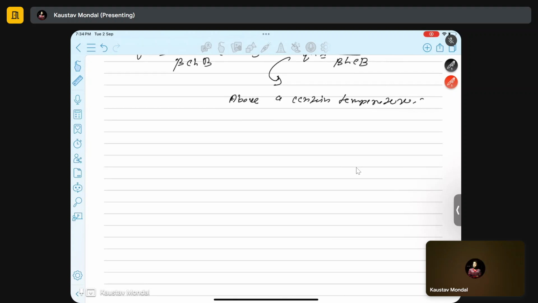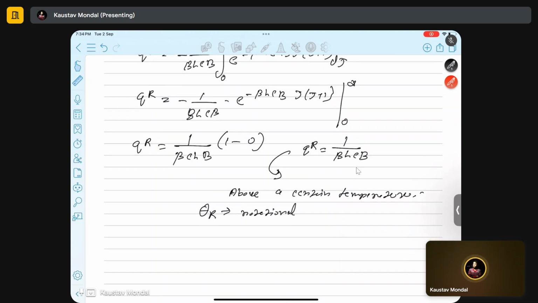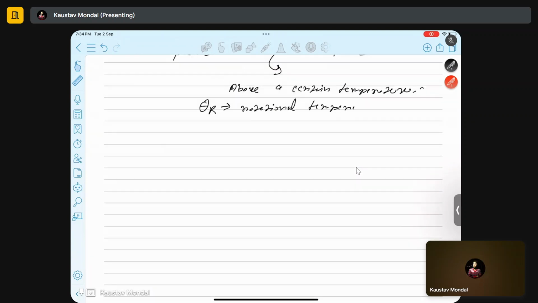So we consider theta as the rotational temperature, and the expression for theta you can write like this: K into theta equals HCB. High temperature means that we take T greater than or equal to theta.